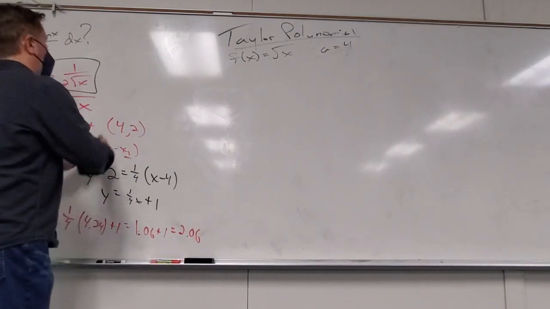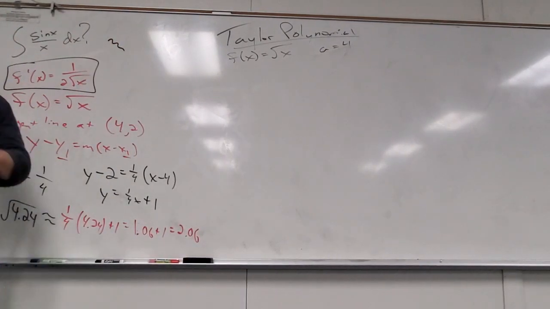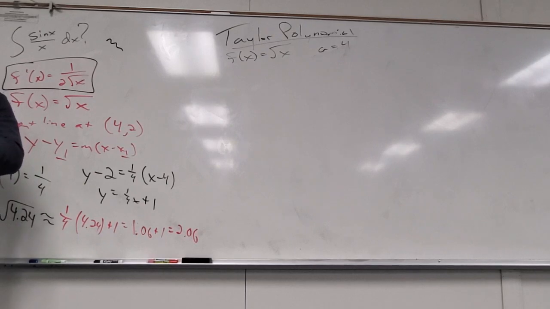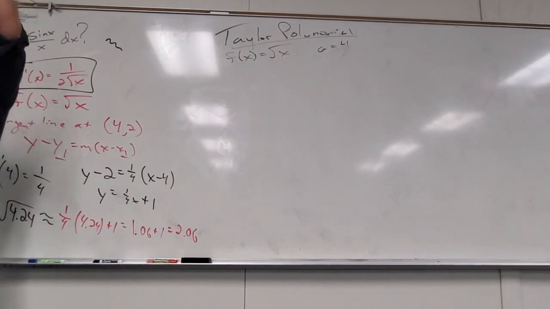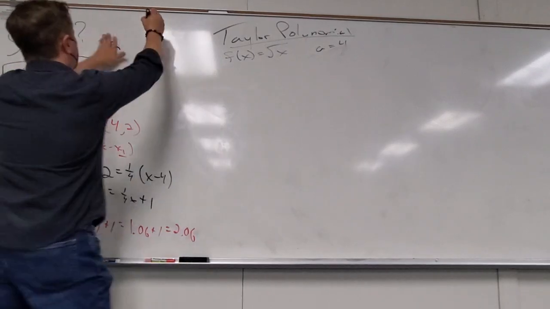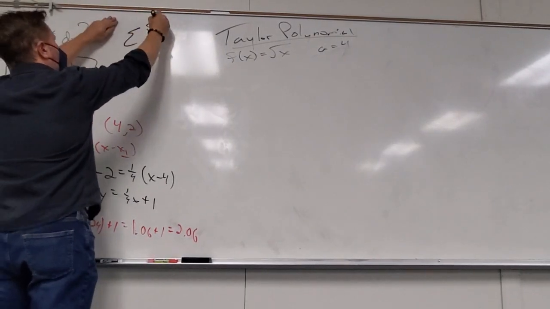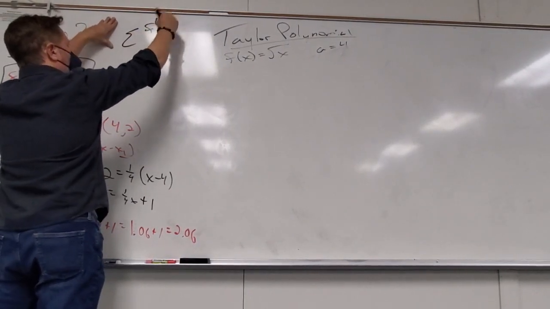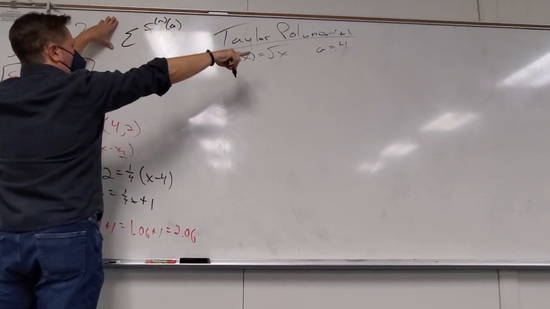So does anyone remember the first few steps of how to do this? What do I need to make a list of? Derivatives, because again, this guy requires a list of derivatives evaluated at the input.